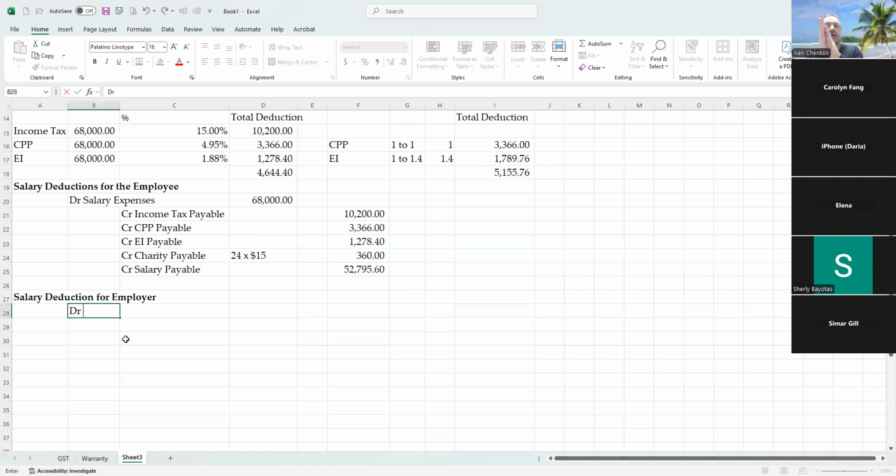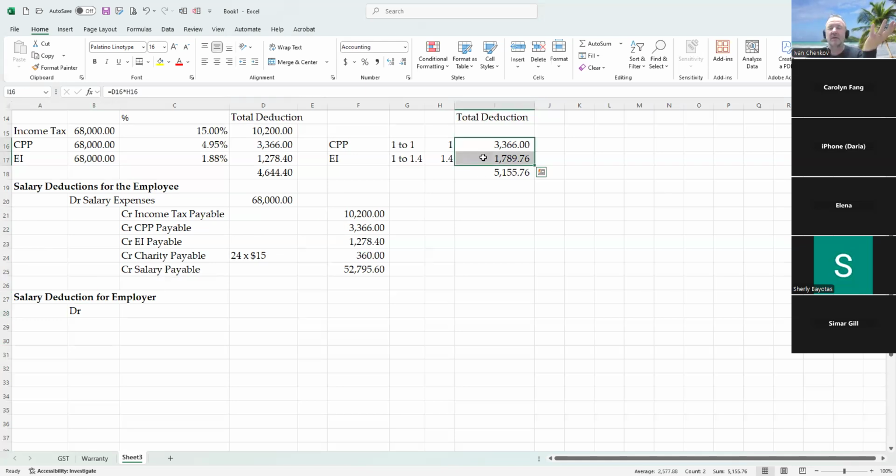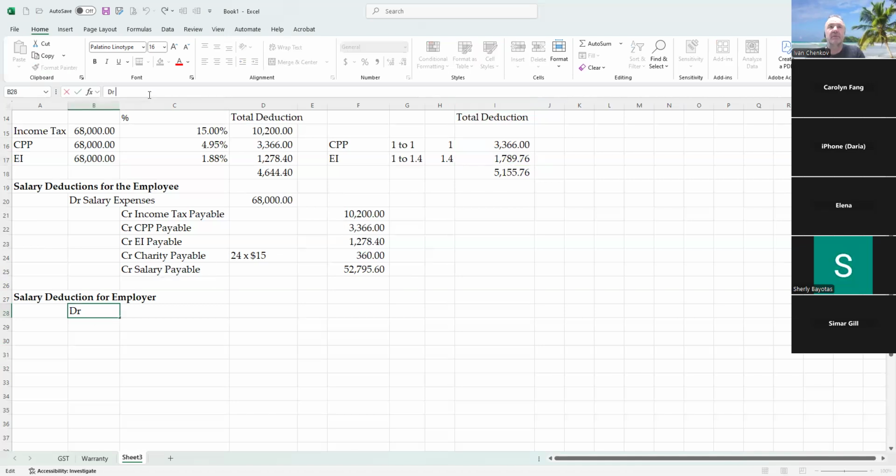I cannot go with the salary expense, because the salary expense is the expense. Whatever I'm deducting and whatever I have to submit to the Canada Revenue Agency will be employee benefits expense, because those expenses are for the benefit of the employee. Make sense? That's why we call it payroll or salary employee.